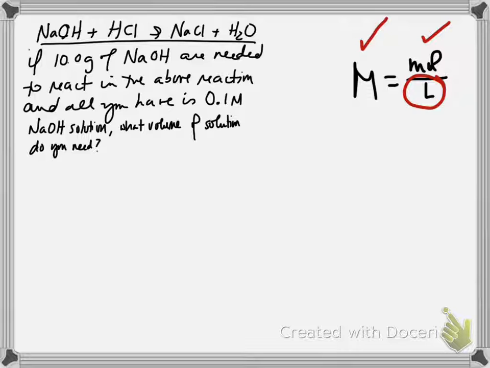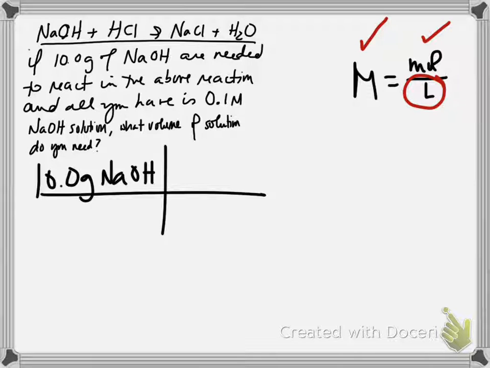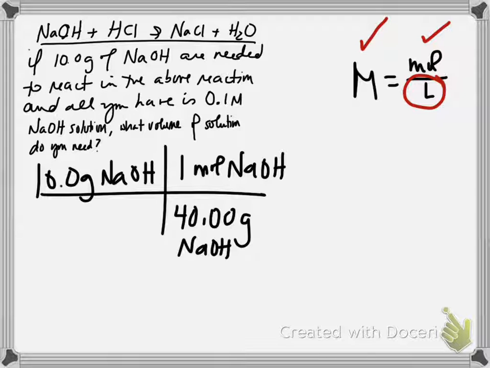So we're going to put factor label here, 10.0 grams sodium hydroxide, and we know that 1 mole of NaOH is equal to 40 grams of sodium hydroxide. So what we're looking at here is 0.25 moles of NaOH.